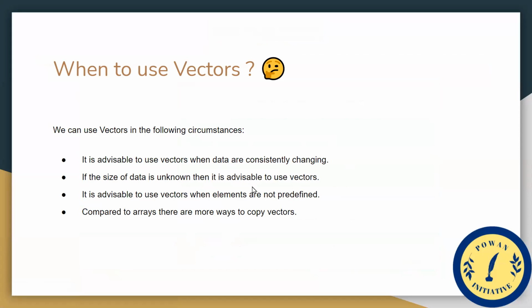I prefer to use vectors when data is constantly changing. Arrays are static, but vectors are like dynamic arrays. So when your data is constantly changing, you can use vectors.